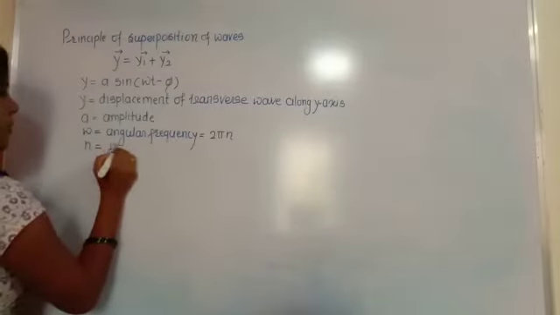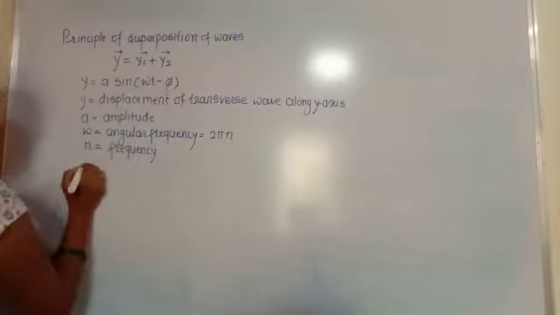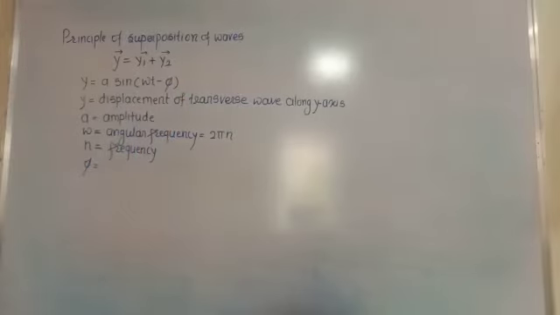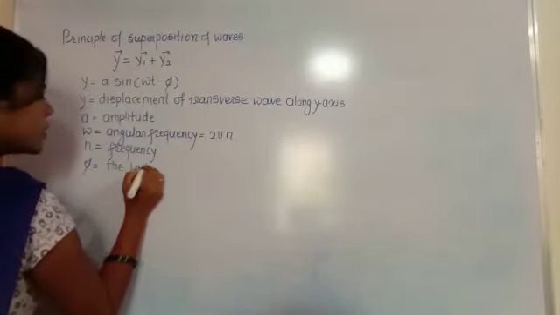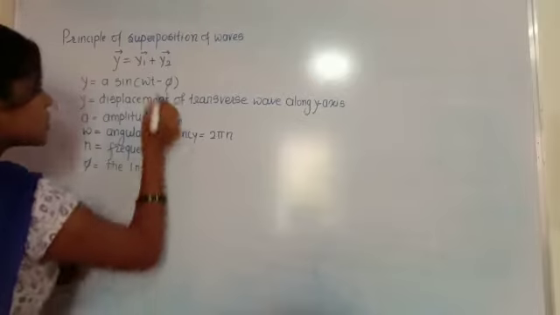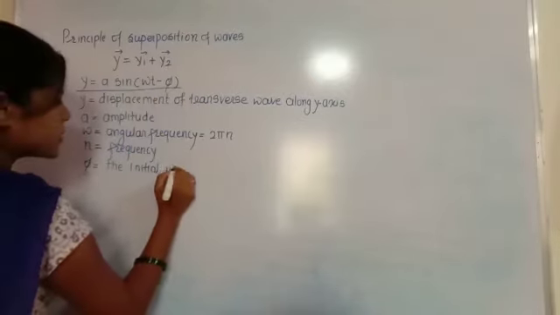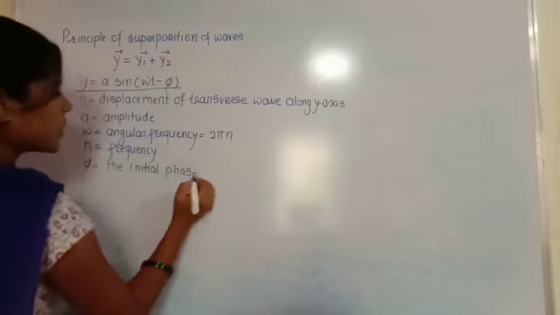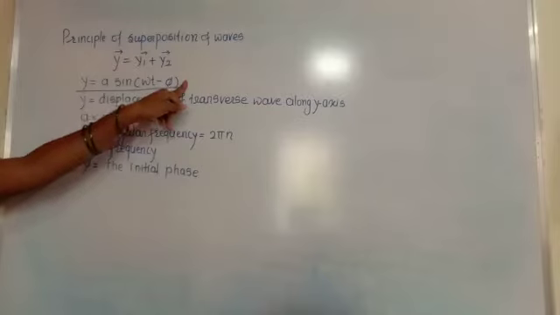And the next one is phi. This phi is called the initial phase. So this is all about the equation y is equal to a sin(omega t minus phi). These are the terms involved in the equation of the wave.